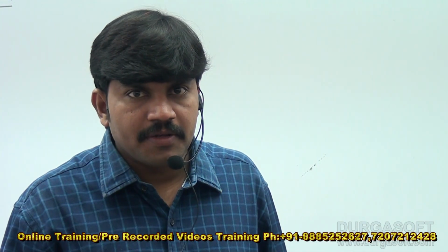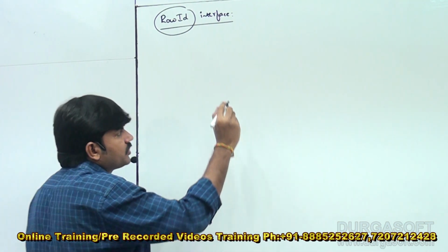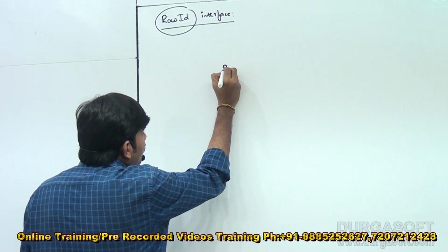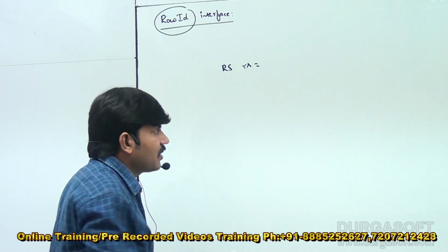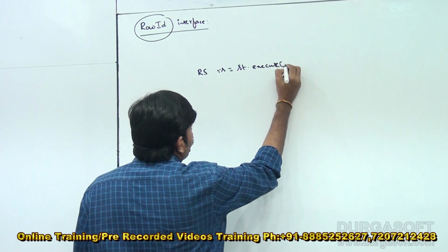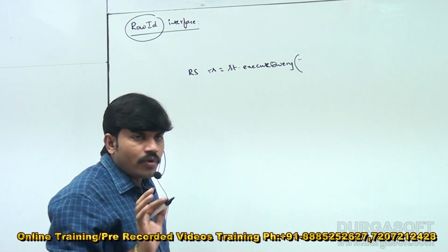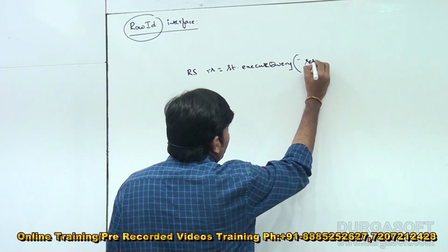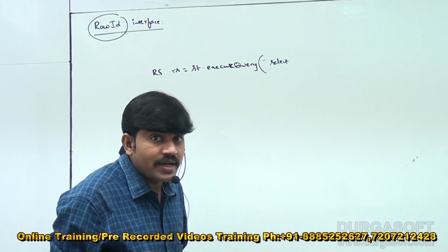Now I will explain sample Java code to retrieve the row ID. Very simple. Just observe this terminology very carefully. ResultSet rs = st.executeQuery. What is my query? Select, don't use a star. I want the row ID explicitly.